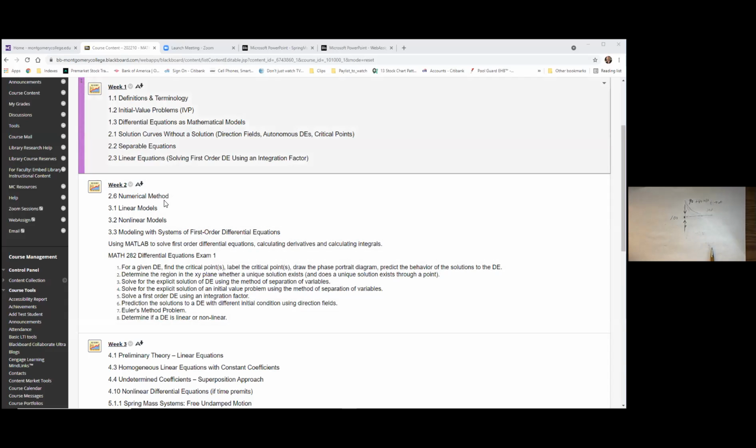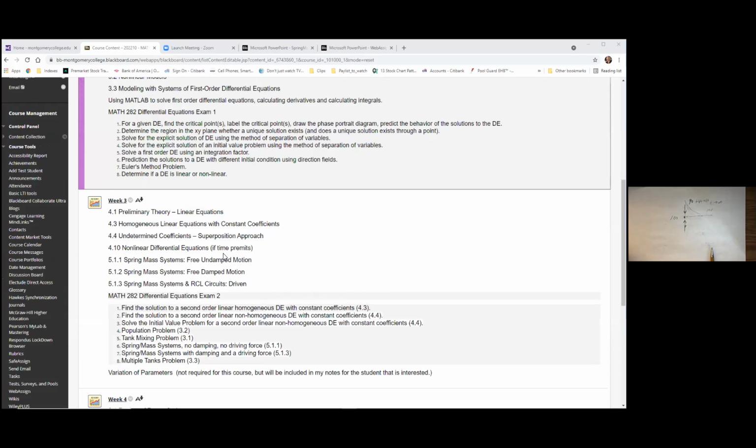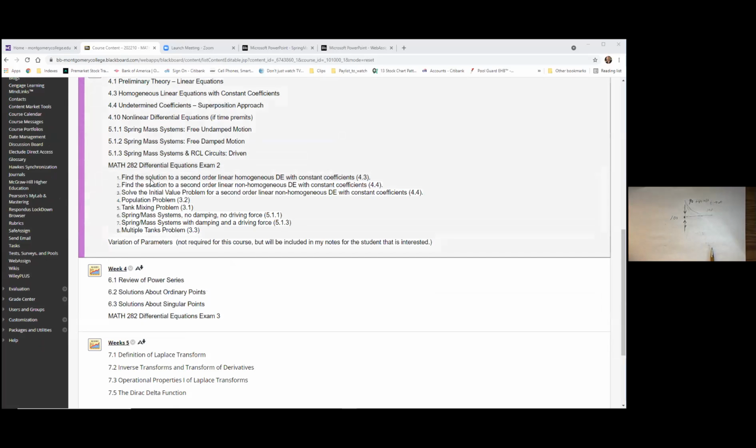Here are the problems that are on the exam 2. You have to find a solution to a second order linear differential equation with constant coefficients, pretty straightforward. Then find the solution to a second order non-homogeneous differential equation with constant coefficients. Then you have to solve an initial value problem with a second order non-homogeneous differential equation with constant coefficients. Then a population problem.